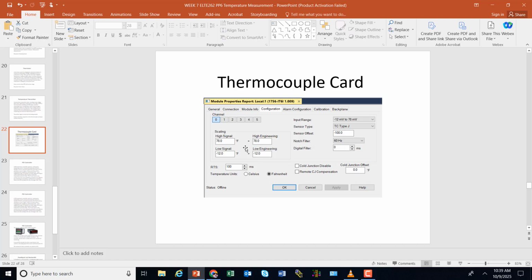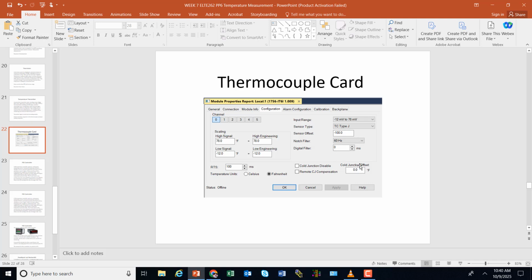It is doing math based on the sensor type that you pick right here, J, K, or whatever type of thermocouple you've got. It's got special math in there based on those tables that I showed you to get this to work. And then, like I said, we're probably going to have some sensor offset to account for the cold junction issue, since that's not at 0 degrees Celsius.